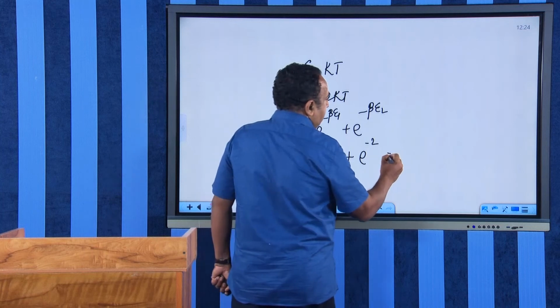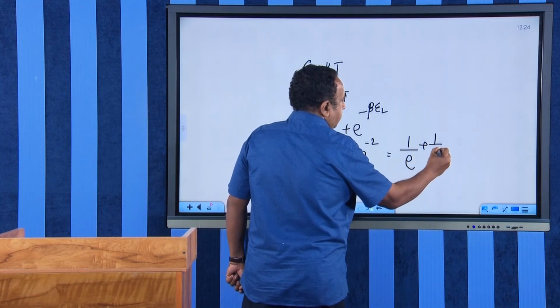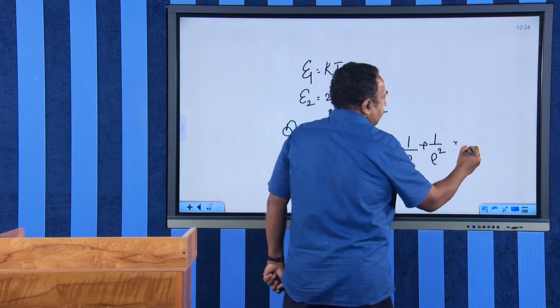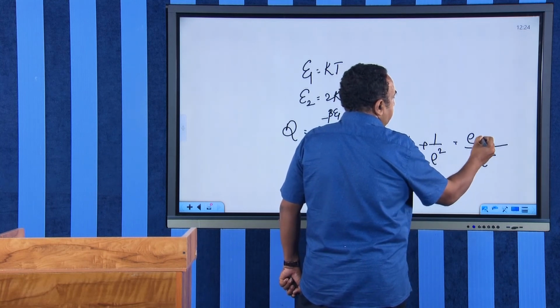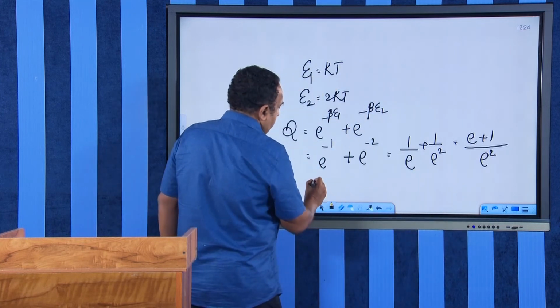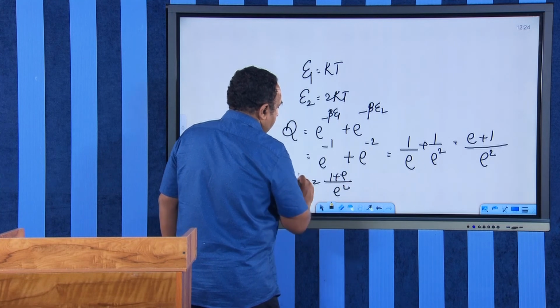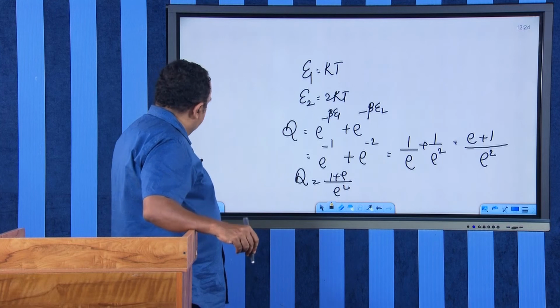I can rewrite this as 1 by e plus 1 by e square, and take the LCM as e square. This goes e times plus 1. Therefore, 1 plus e divided by e square. This is the expression for the partition function.